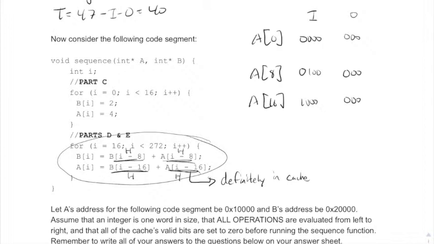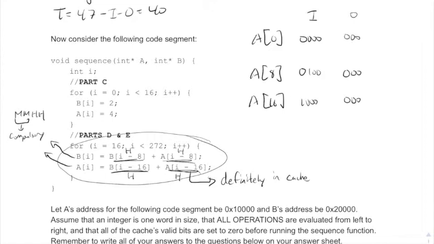So now we have to figure out whether B[i] and A[i] are hits or misses. Because we increment by 1, we can use the pattern we derived in part C and realize that the pattern for these 2 must go miss, miss, hit, hit. The first 2 misses are compulsory misses.